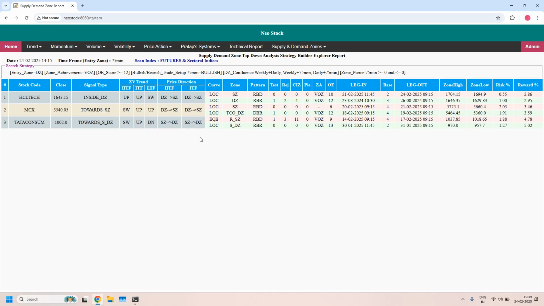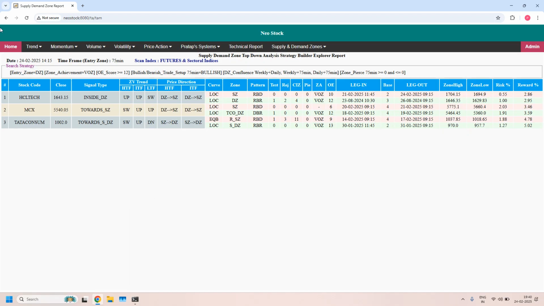In these three stocks, these daily demand zones are overlapped with weekly demand zone. Both together, these are the 75 minutes demand zones. These 75 minutes demand zones are overlapped with daily demand zone. Both together again overlapped with weekly demand zone. But weekly trend is up in only one stock. If this stock is having weekly demand zone with weekly EMA, it could be even more high probability trade setup supported stock to get the success.